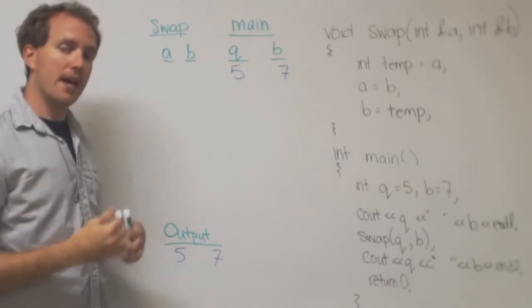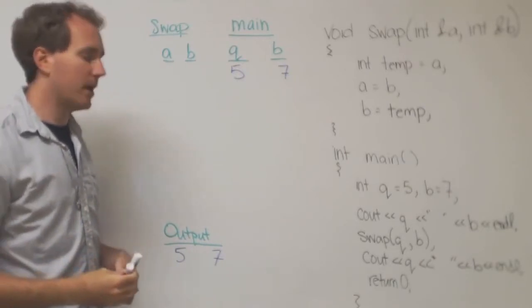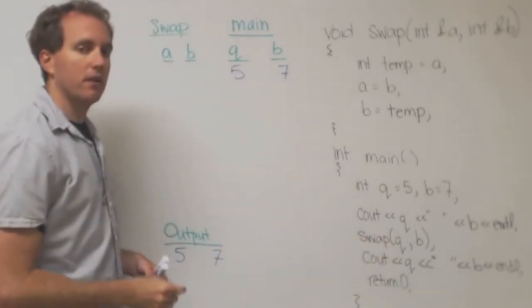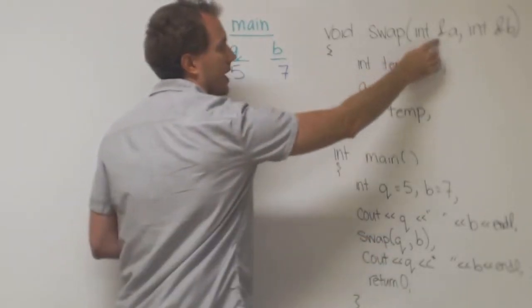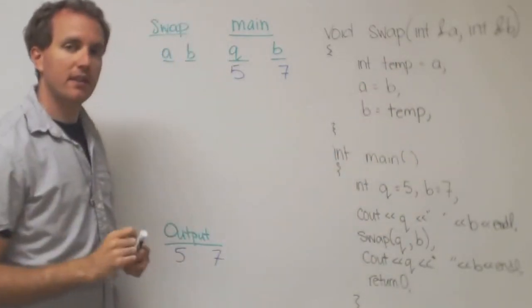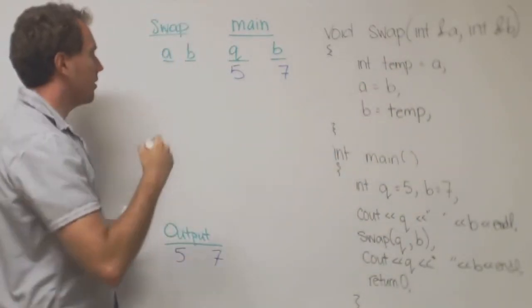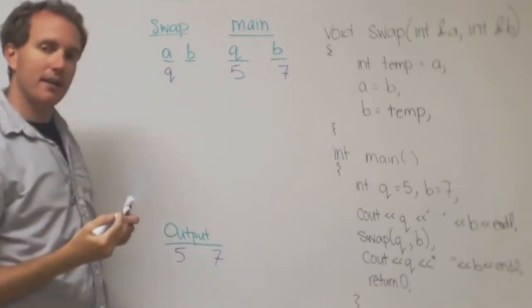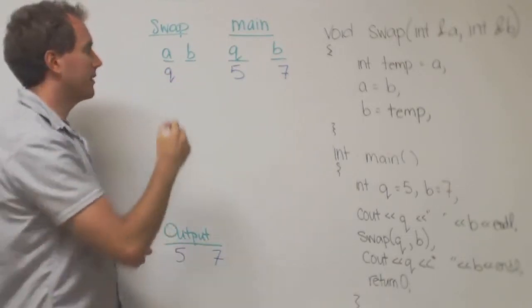They refer back to the variable that was passed. So our first argument is Q, which means our first parameter, A, is a reference to Q.